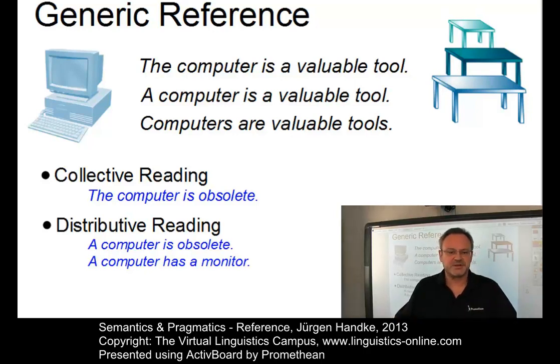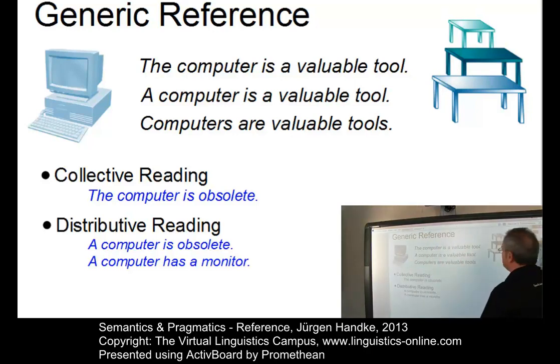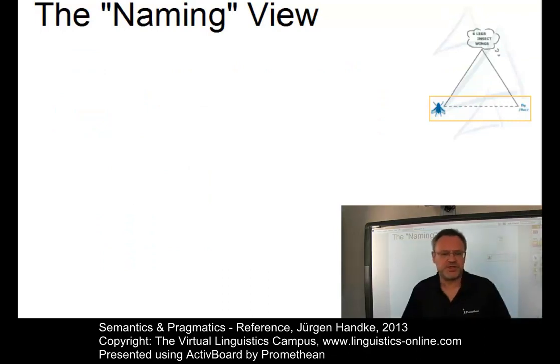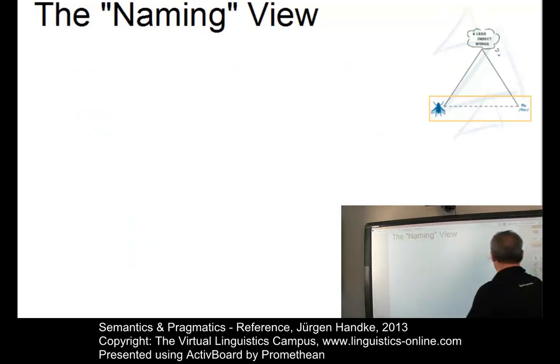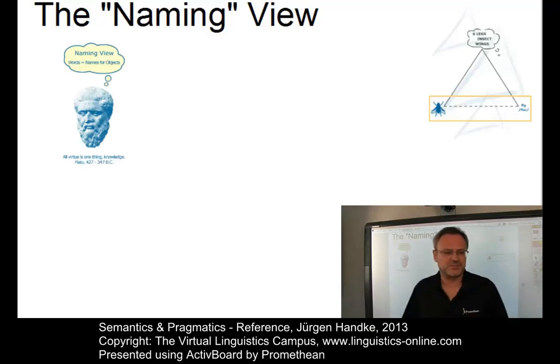Having discussed the types of reference, the central question arises, how can we define these various types of reference? One of the oldest views can be found in Plato's dialogue Kratylos, the so-called naming view.